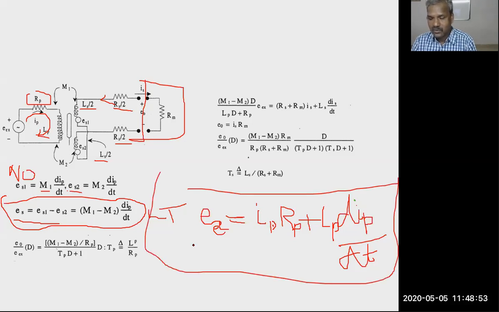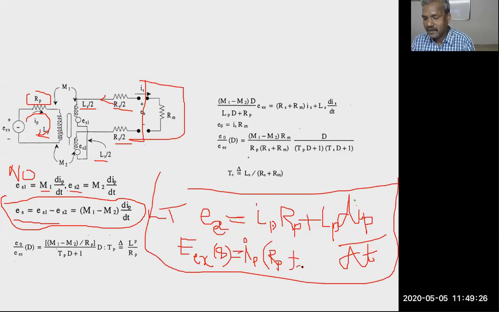Apply the Laplace transform to this equation. EX of S equals IP of S times (RP plus S LP), because dIP by dt becomes S IP of S. IP is taken outside, leaving S LP.